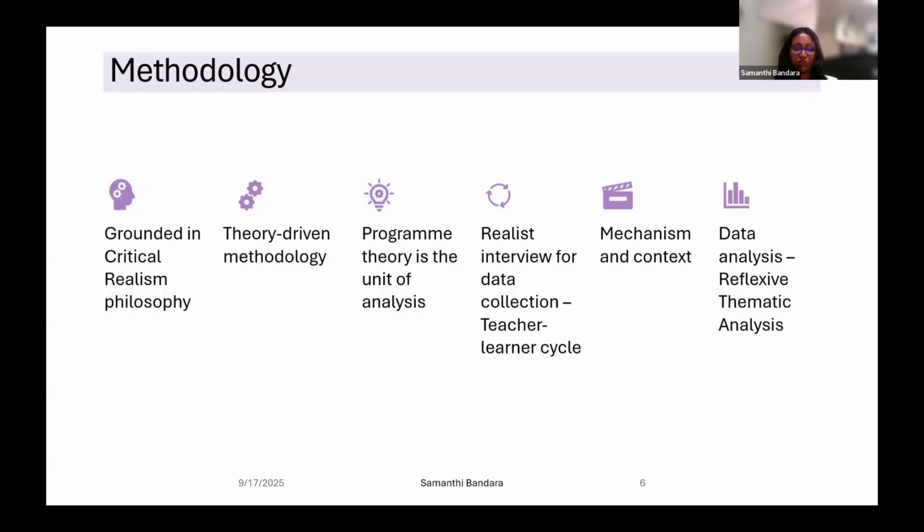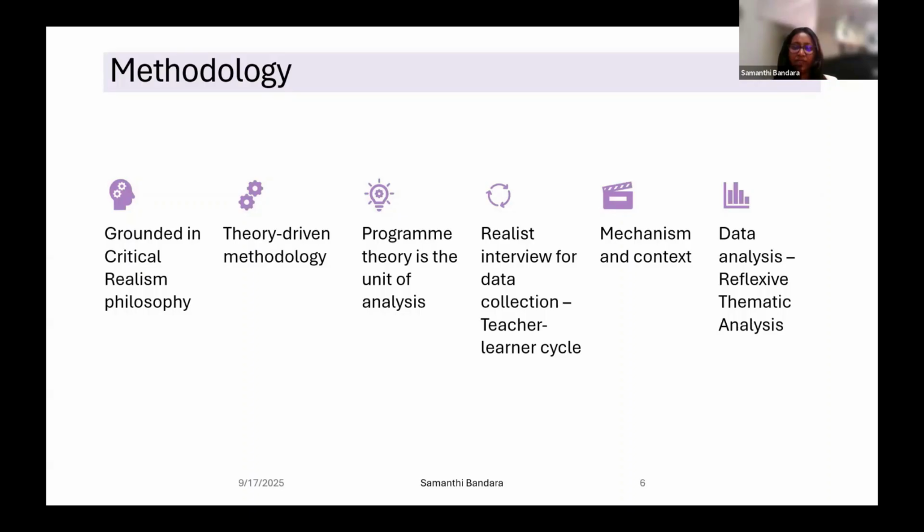That means realist evaluation starts and ends with theory. It develops, tests, and refines program theories through cycles of data collection and analysis. Also, let's see what program theory is. Program theory is the idea or assumption underlying how, why, and under what circumstances complex social interventions work.